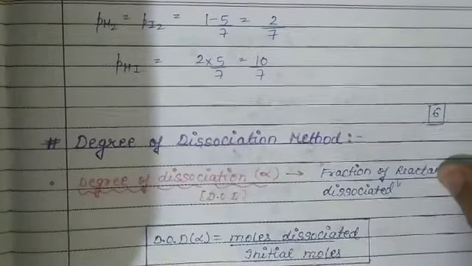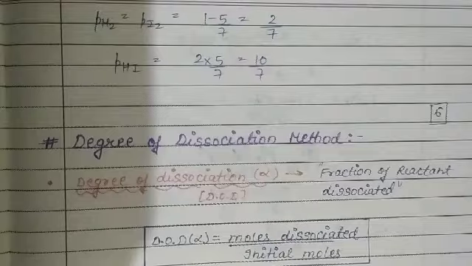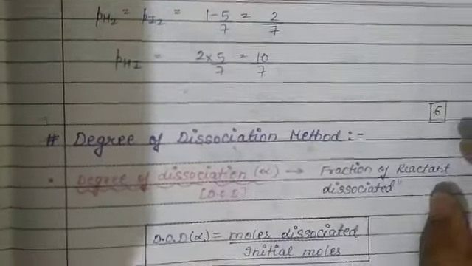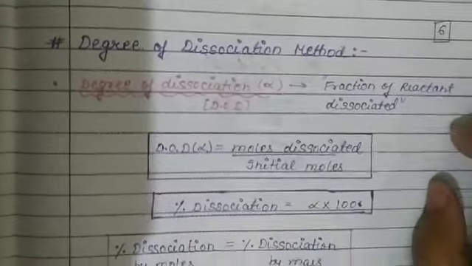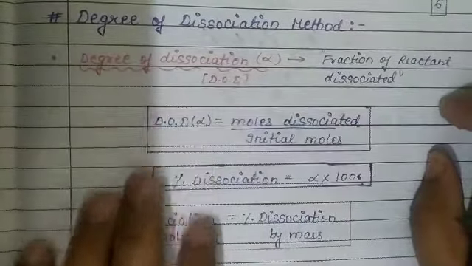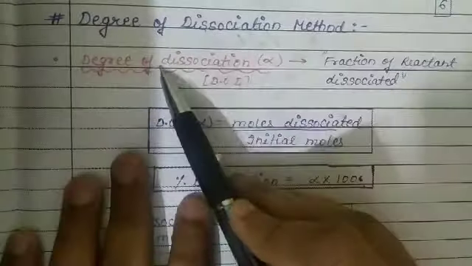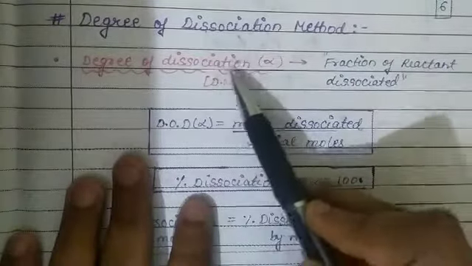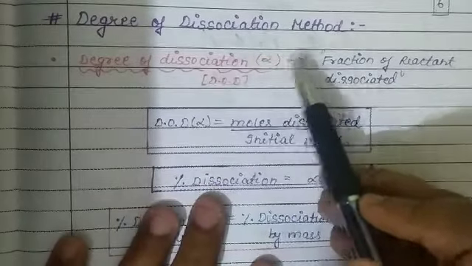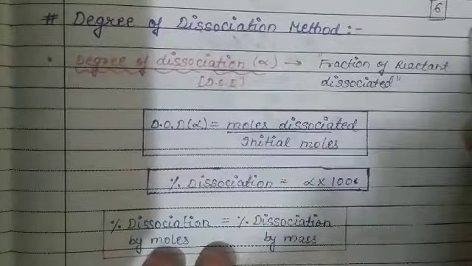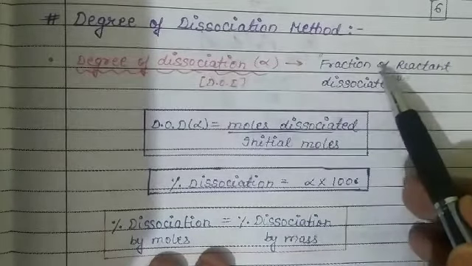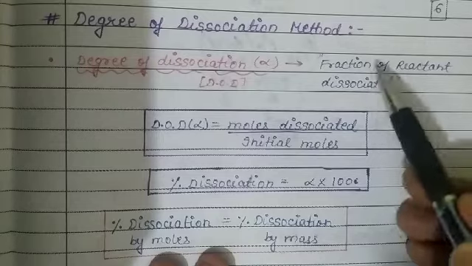See the next topic. We are going to solve the degree of dissociation method. What is degree of dissociation? Degree of dissociation is denoted by alpha. Basically, degree of dissociation is the fraction of reactant dissociated.